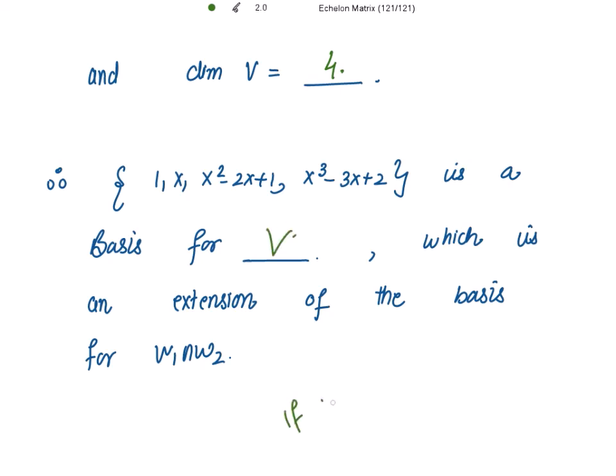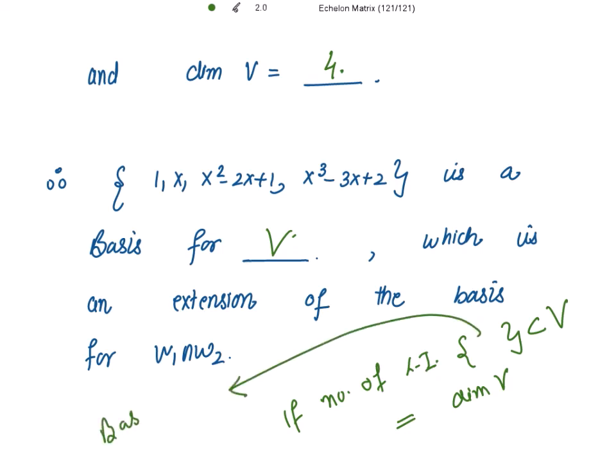Please remember, if the number of linearly independent elements which are a subset of V is equal to the dimension of V, then this set becomes a basis for V. Already these two are the basis of W1 intersection W2, and we have shown that by adding other polynomials, the complete set again becomes linearly independent, is a subset of V, and the number of elements is equal to the dimension of V, that is 4.